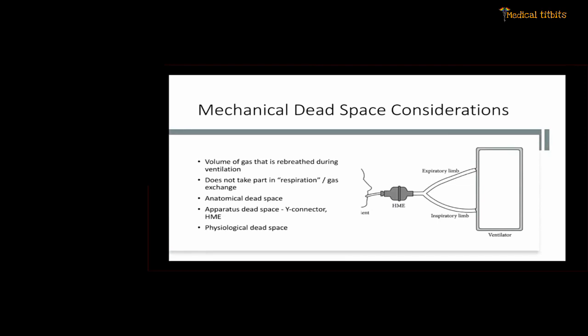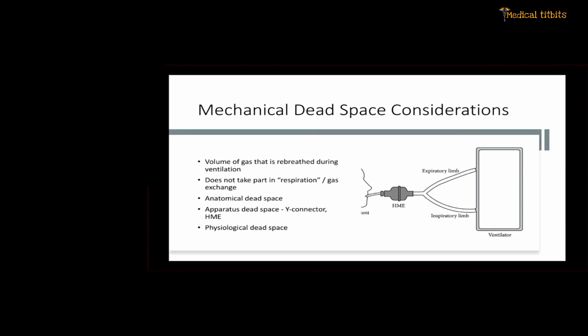Another factor that can be misleading is mechanical dead space consideration. The moment you put an invasive device like an endotracheal tube, we are actually reducing the anatomical dead space by maybe 100 ml or so.